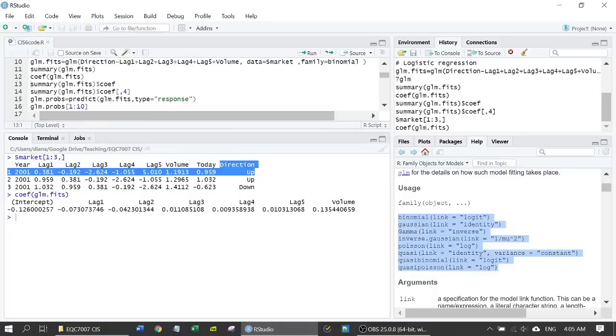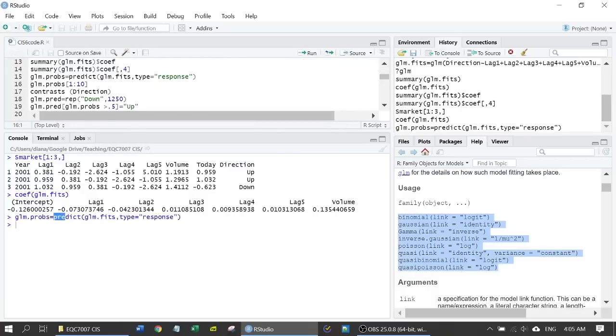So what you want to do next is know, based on this information, the probability that it is going to be up.